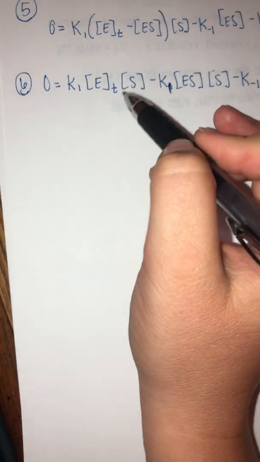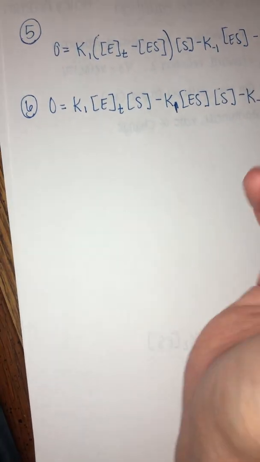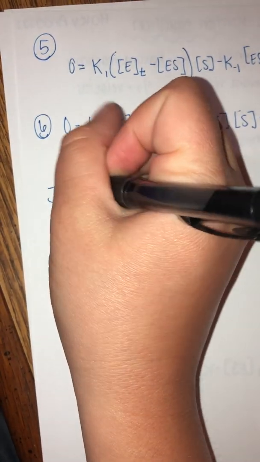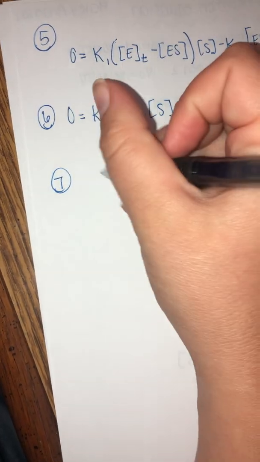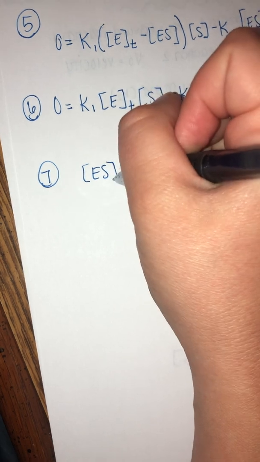Okay, so now that we've distributed K1 throughout, we are going to move all the terms with ES to one side and then factor it out. So it's going to look like ES.